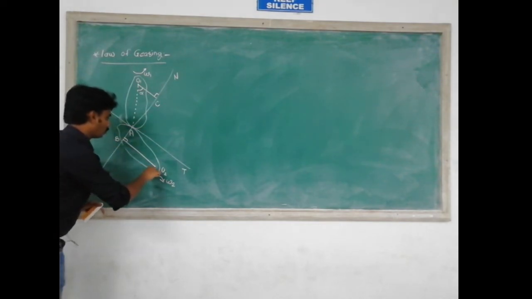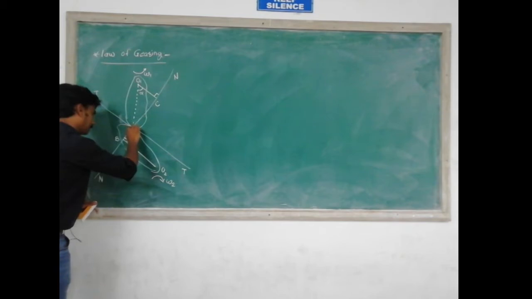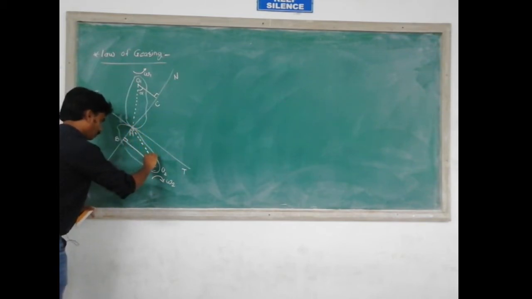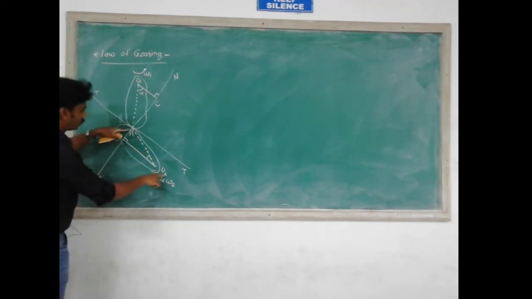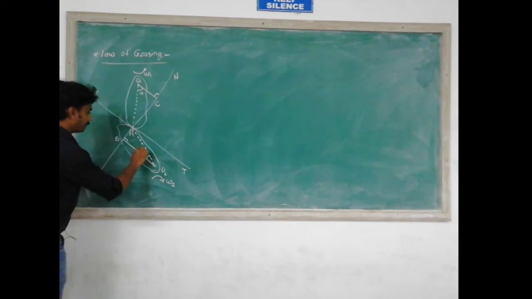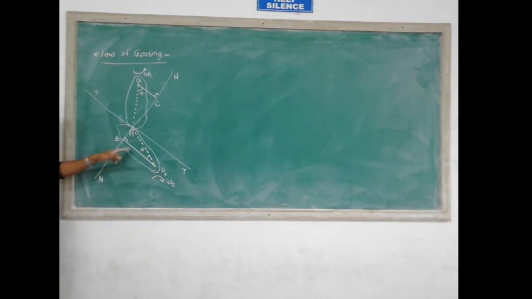Similarly, join the point O2 to A, and mark the angle between O2A and O2B as theta. We get the angle theta, which is between line O2A and O2B.